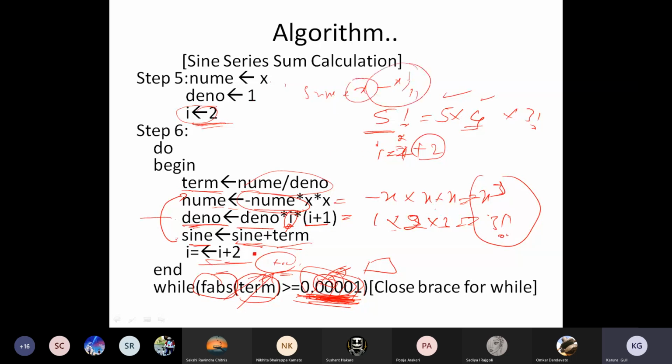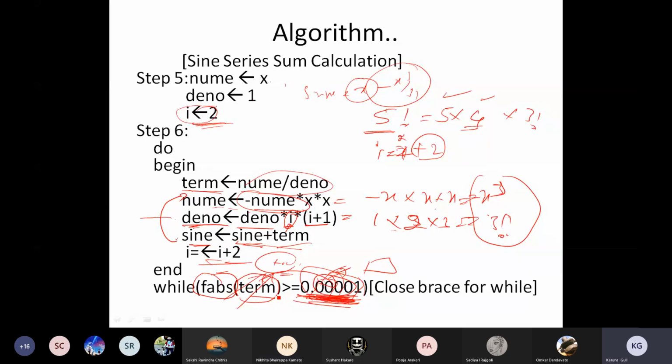Sometimes it is minus, sometimes plus. But here I am comparing with only a positive value, so I have to take care of that term in terms of only positive value. Is that okay, students?